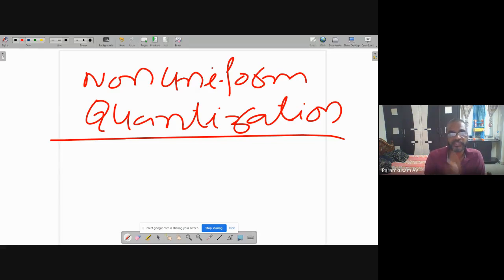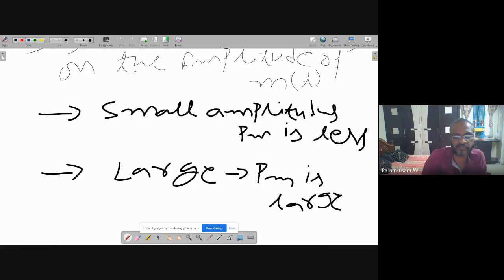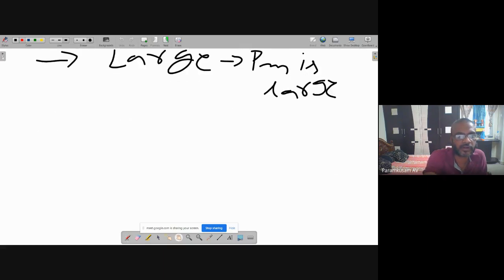Okay. One more disadvantage is there with respect to uniform quantization. You note it down. Suppose here I draw the signal.